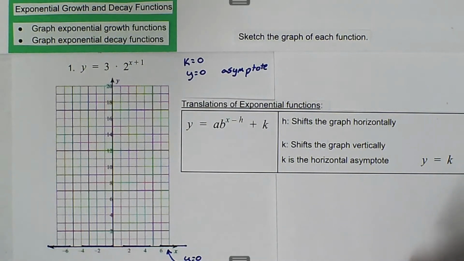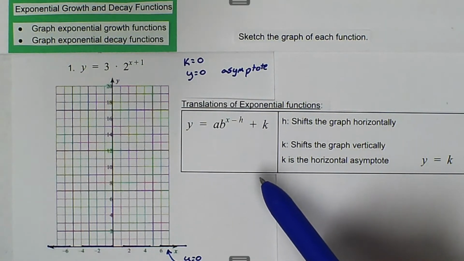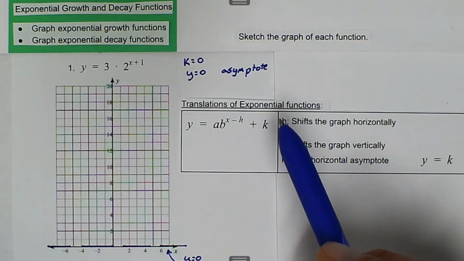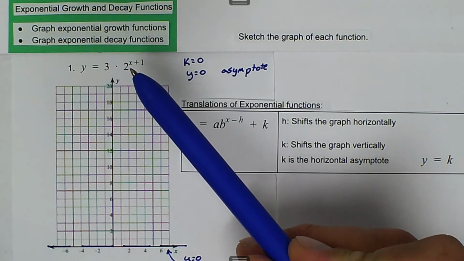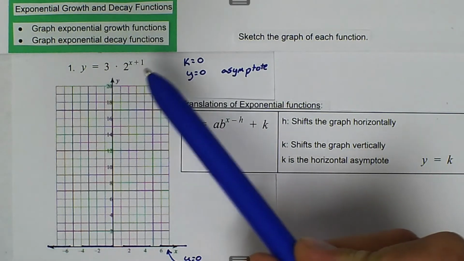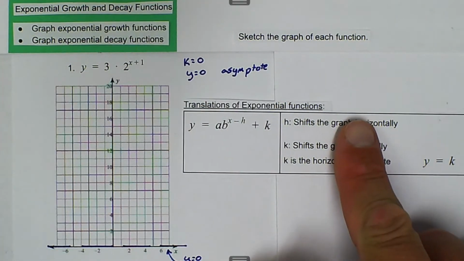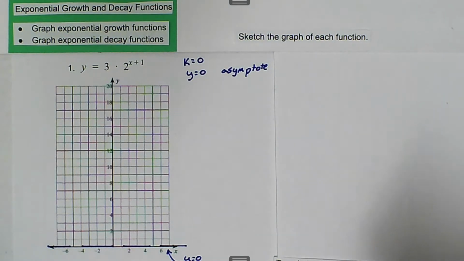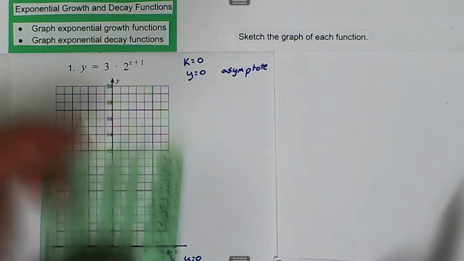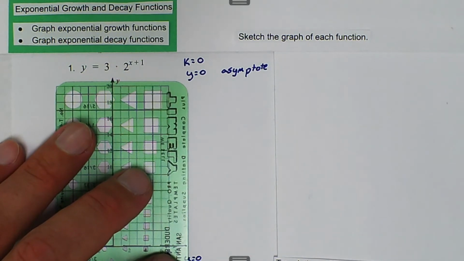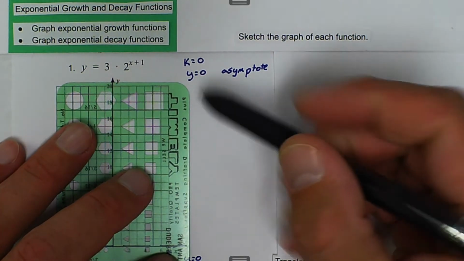Now the next thing we want to do is we want to pick out a couple points that are going to be easy for us to plot. And in this case, when we're looking at our exponent, we want to get our exponent that's close to 0, 1, or 2, to make sure that those are easy for us to graph. So we're going to set up x and y axis, but we're going to set it up a little different than we're used to.